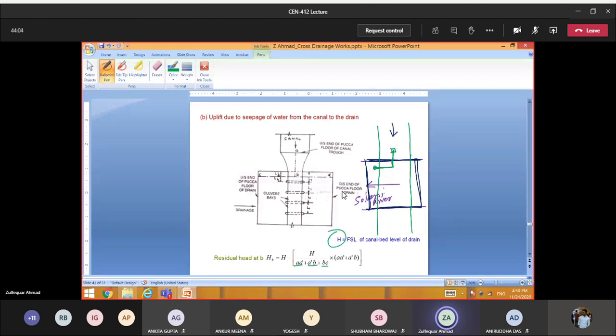So this H is the full supply level of the canal minus the bed level of the drain. In that case, we have to check this for the floor thickness from the exit gradient point of view. I think you might have understood this. So you have to follow the seepage line and do accordingly.